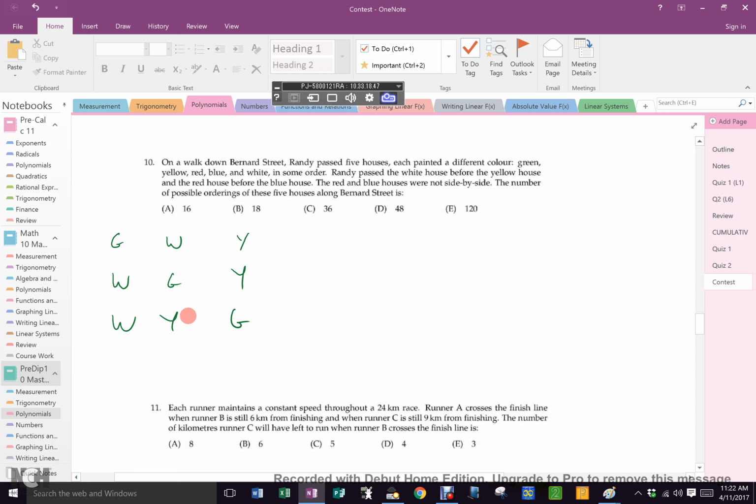And then I just started putting in reds and blues. And when I counted it up, I got to 18. I think it's right, I don't know. But that's all I did. There might be a fancy math move, but I got 18.